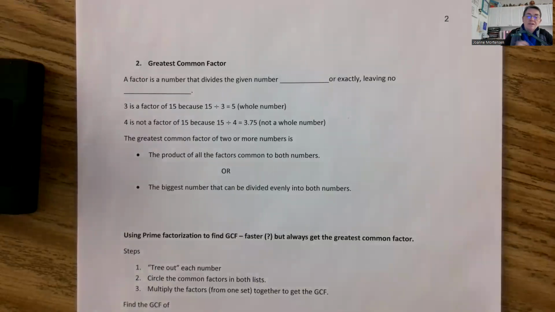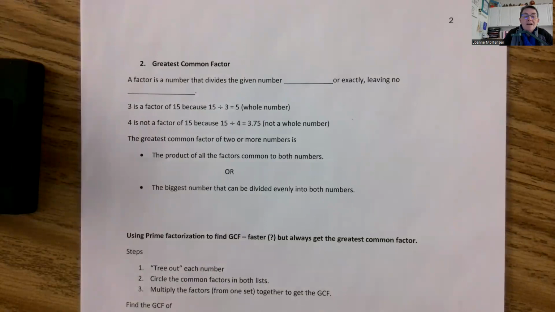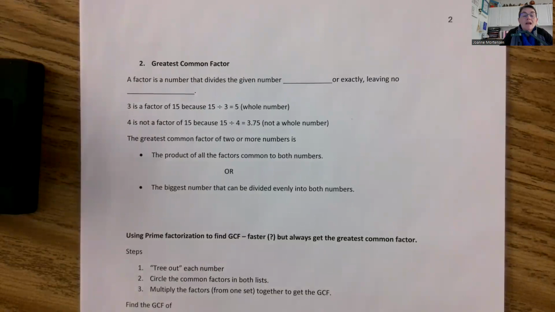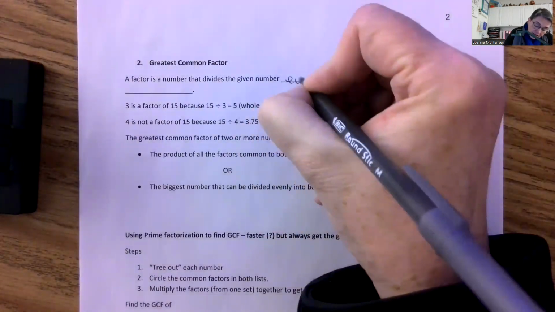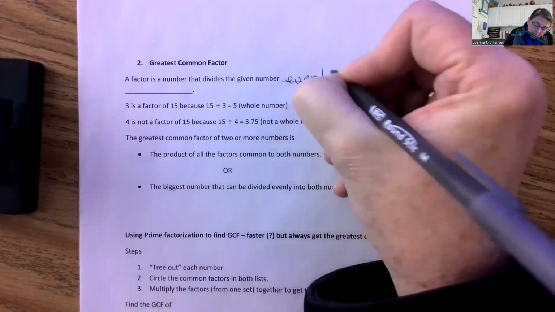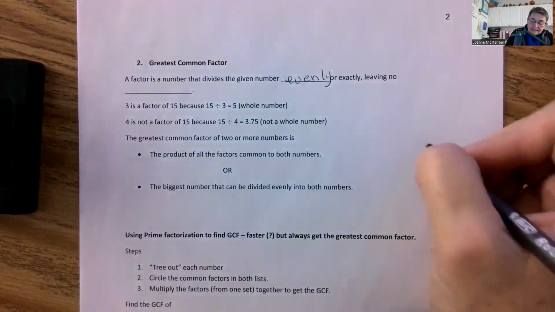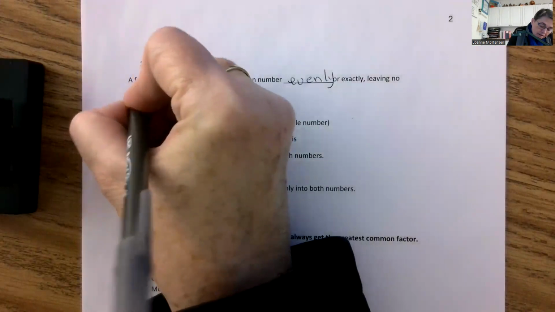First I wanted to define what a factor is. A factor is a number that divides the given number evenly or exactly, leaving no remainder.